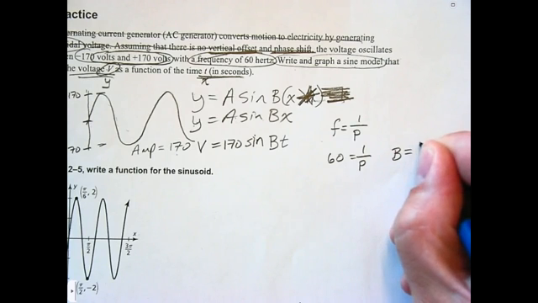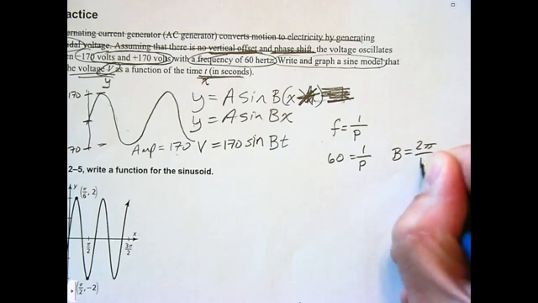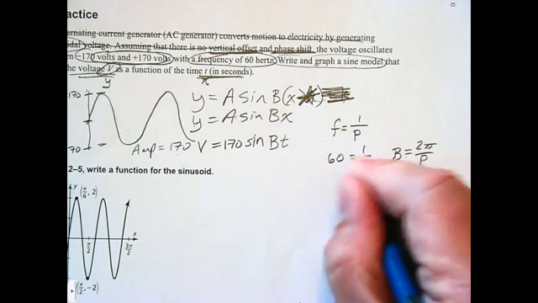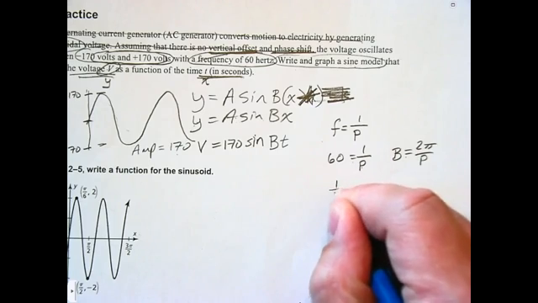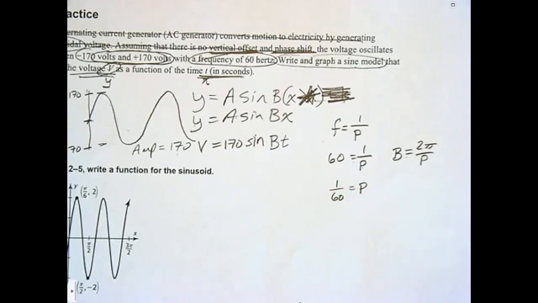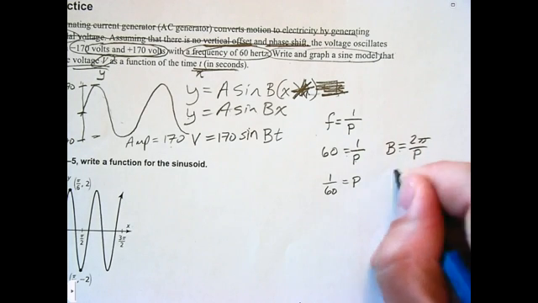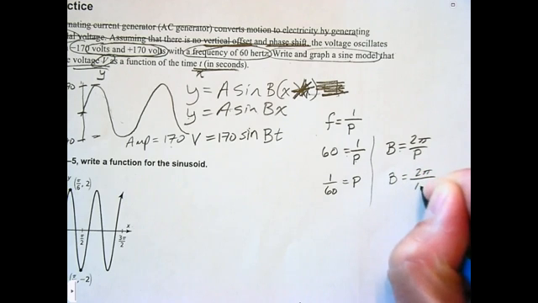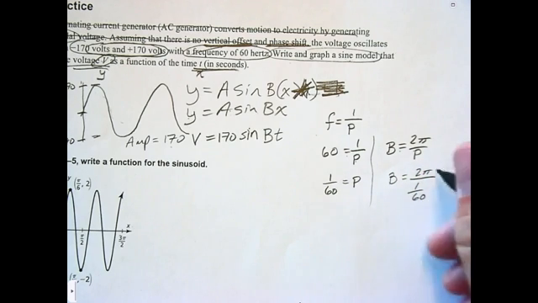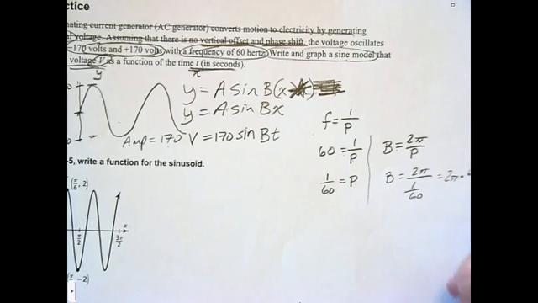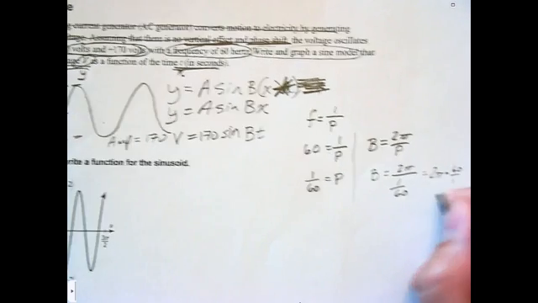B is what? 2 pi over P. So if I find P, I can find B. P is the reciprocal of this, 1/60th. Which means B is 2 pi over 1/60, or 2 pi times the reciprocal of that, 60, is 120 pi.